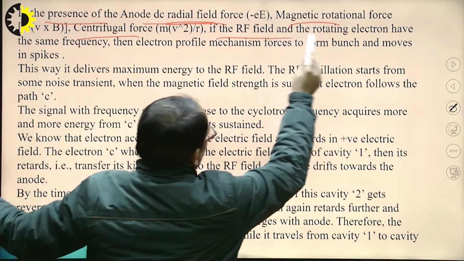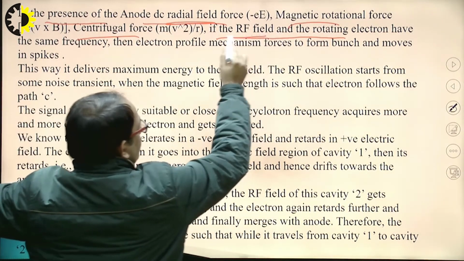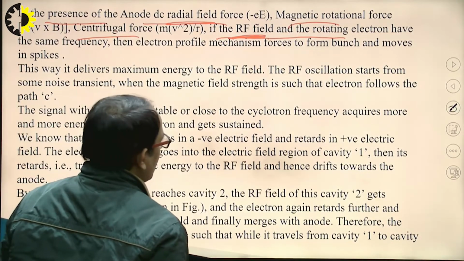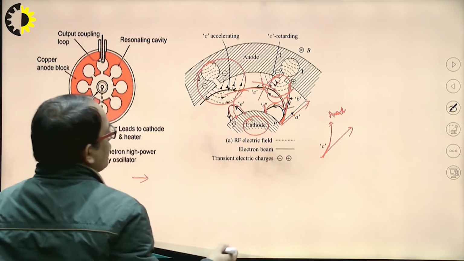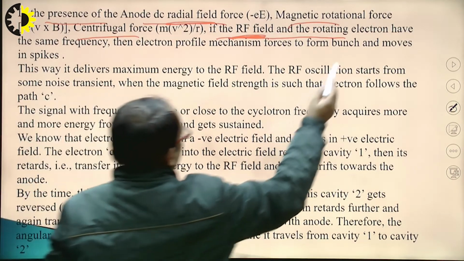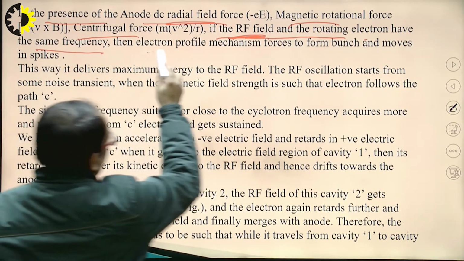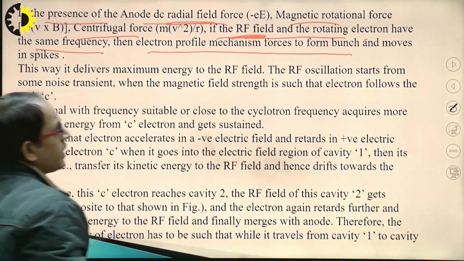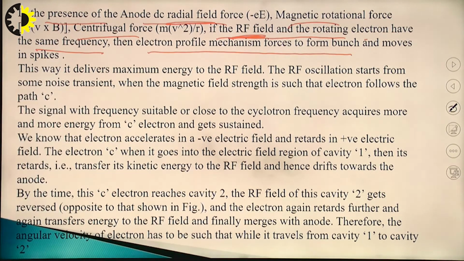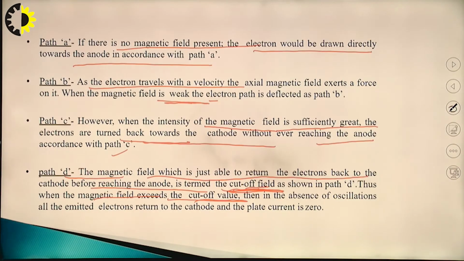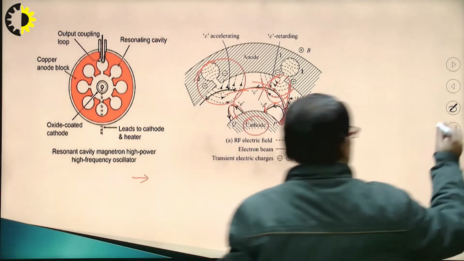And if the RF field and the rotating electron field have the same frequency, meaning this one is the RF field, the electron provides a mechanism that forces it to form a bunch and move in spokes. Now see how it will form a bunch. Clearly you will see in the figure.